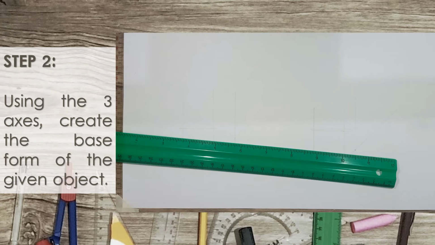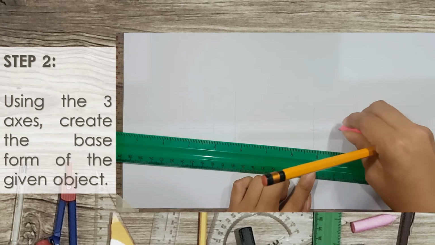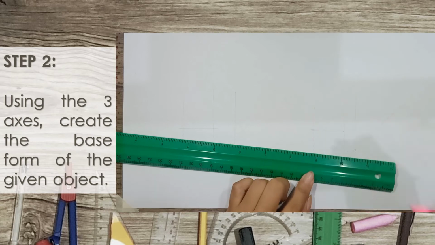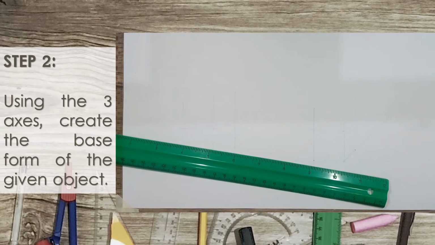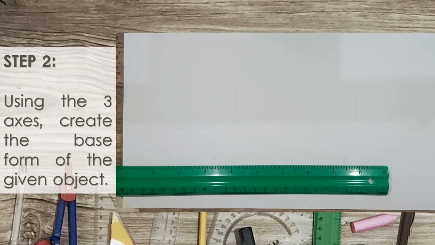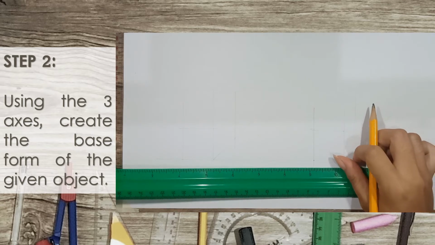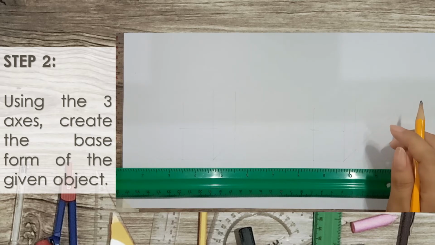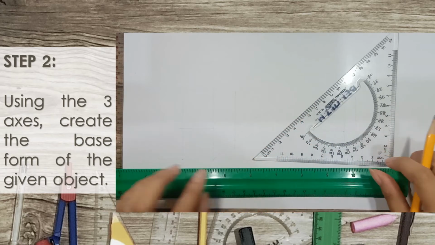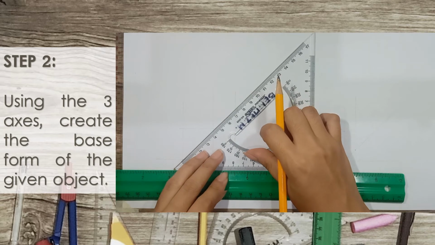So let's erase this part. So now we are done projecting the horizontal line. The next line that we will be projecting is the receding line. So we are going to use this 45 degrees triangle to project all the receding lines or the diagonal lines.